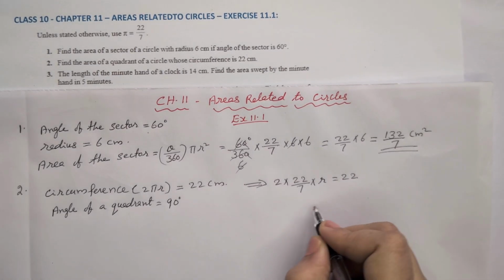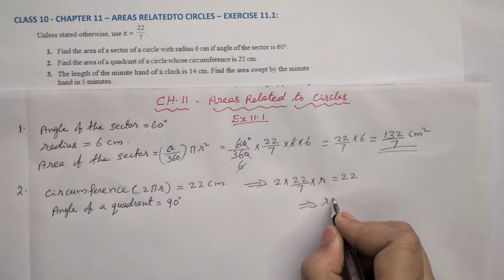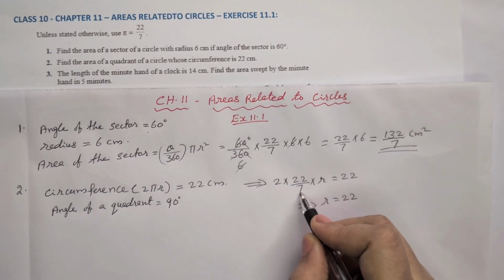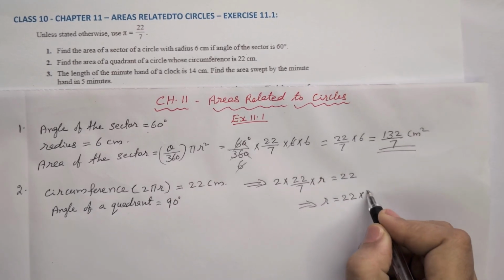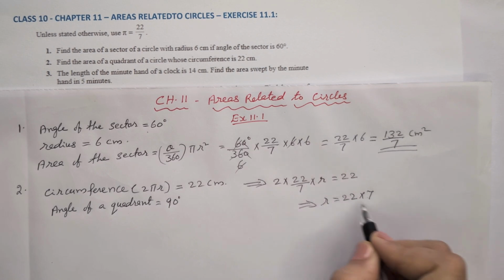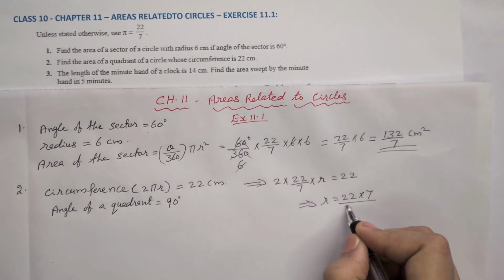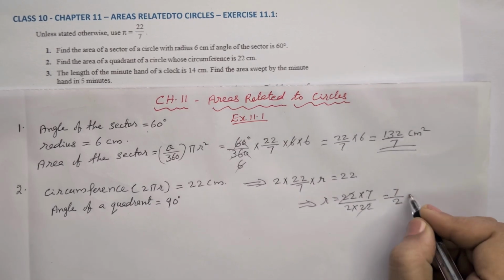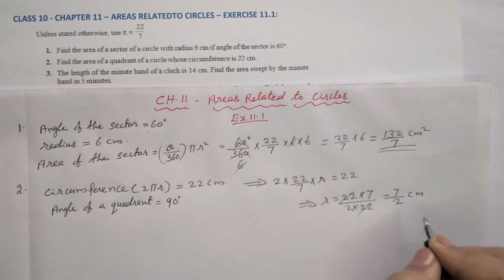From that, radius r is equal to 22 on the right side, with denominator 2 into 22, and the 22 we can cancel. So radius we will get as 7 by 2 centimeter.